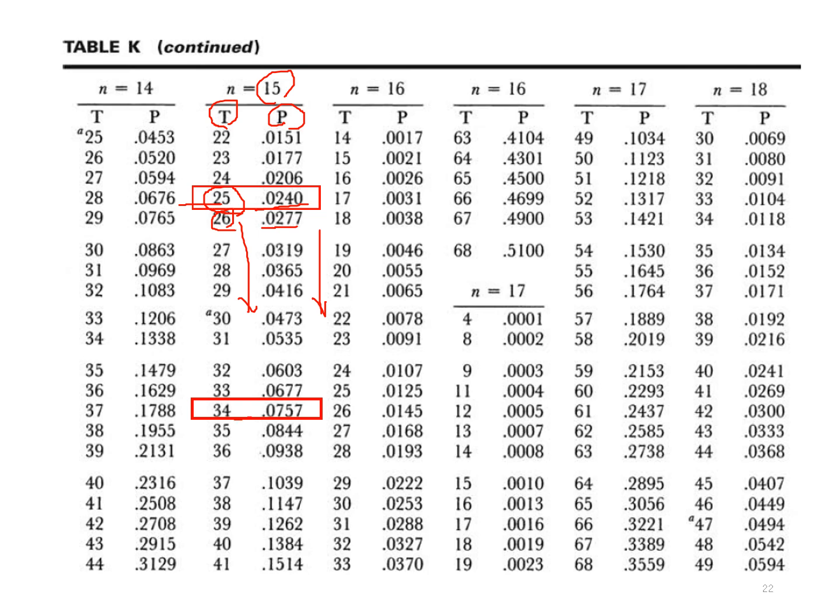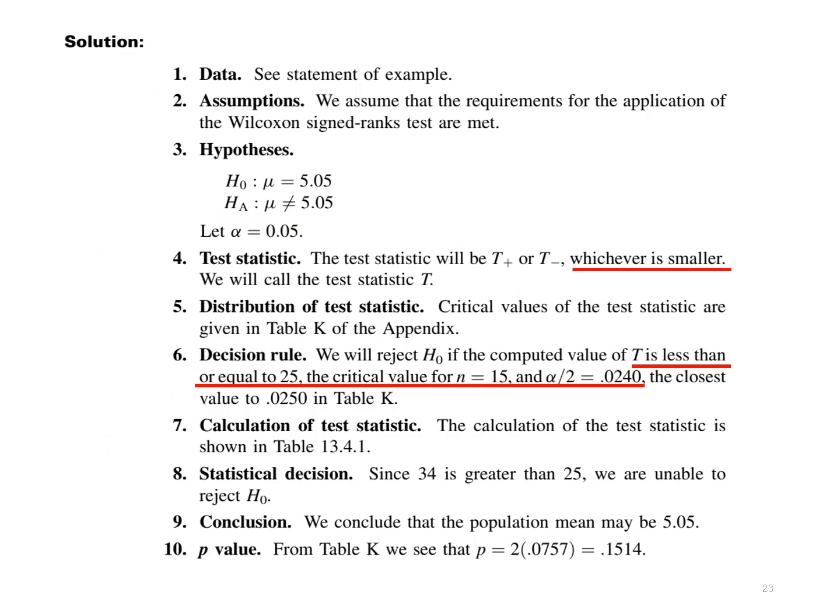Our data is 34, the smaller value. When we reach 34, the probability is already 7.5%, exceeding the 5% significance level. So in that case, this is not significant. It is in the acceptable region, not the extreme region.